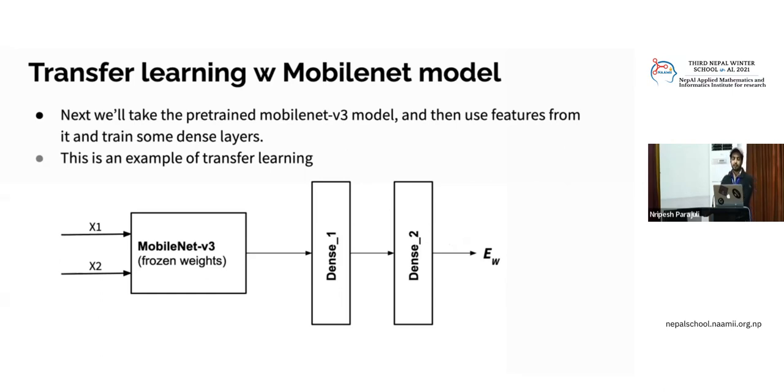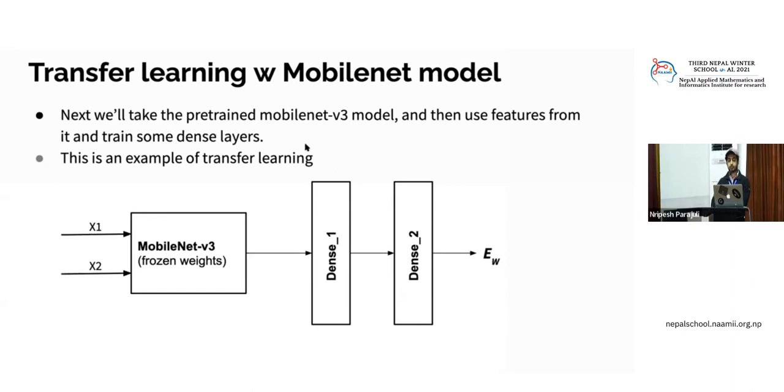MobileNet, as the name suggests, is targeted for mobile phones, and it is meant to be really small and efficient. I'm going to go into the architecture of this in a little bit, but essentially you have to remember that it is very lightweight and small, which means I can load it on my computer and play around with it nicely without taking too much time.